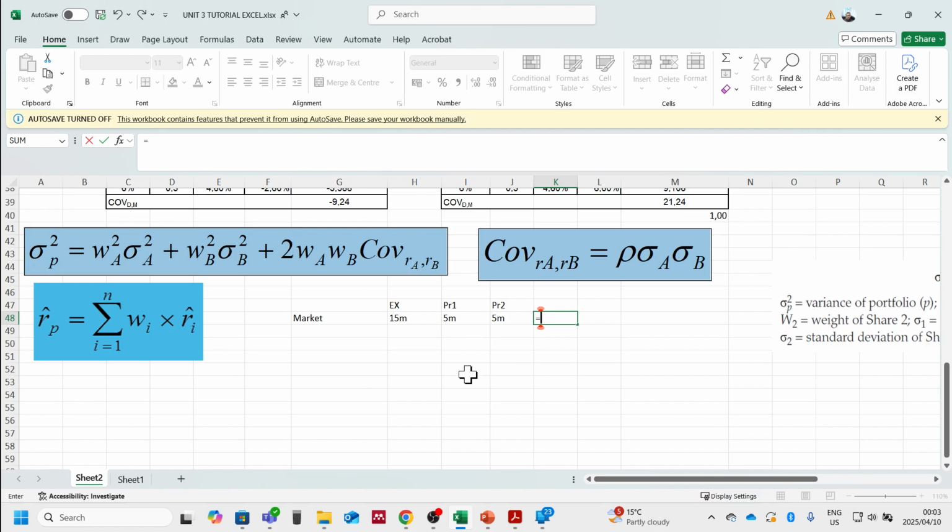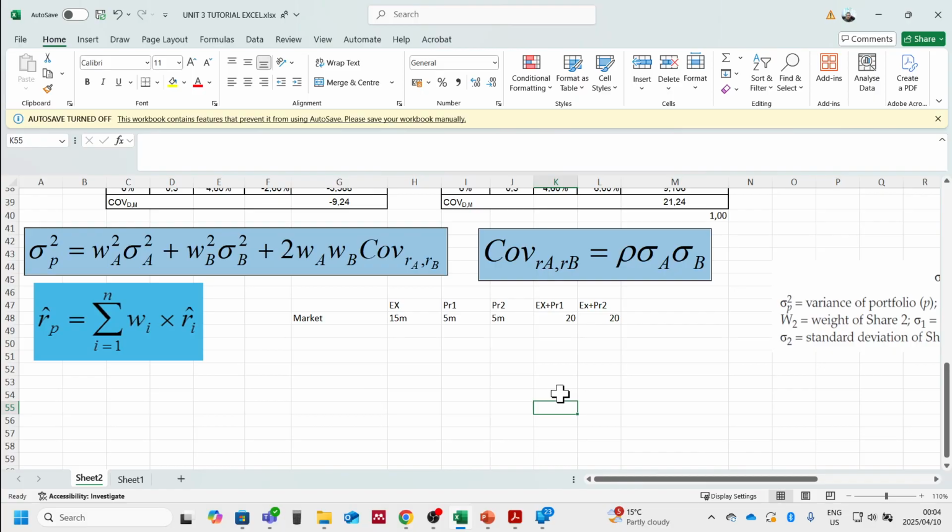So over here, for existing project plus project one, we're then going to have 15 million plus 5 million, giving us 20 million. And then over here for existing project plus project two, this will also give us 20 million.